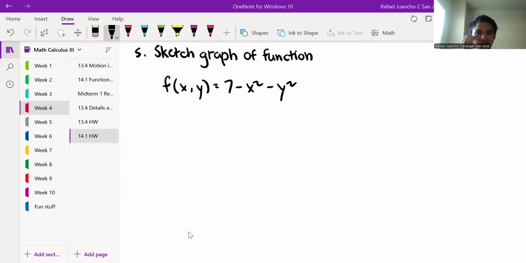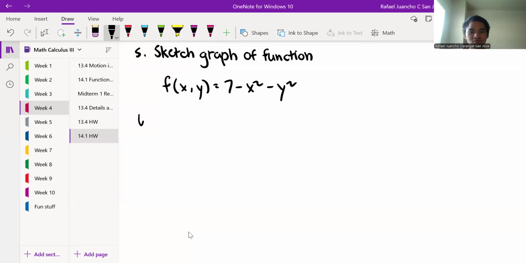And okay, so I have to write an equation for the cross section at z equals -4. So here, basically, I just plug in everything. So I have to write an equation for its cross section when z equals -4 using x and y.